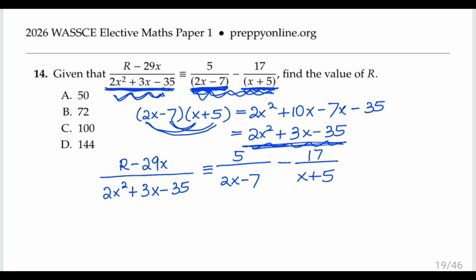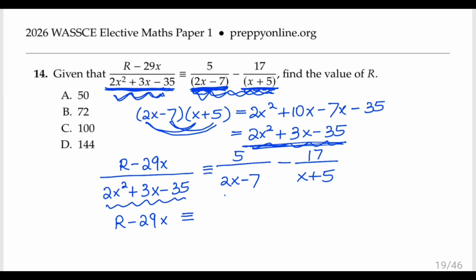We want to multiply both sides by this expression. So when we multiply the left-hand side by that expression, what do we get? We are simply left with r minus 29x, and then we still have this equivalence.